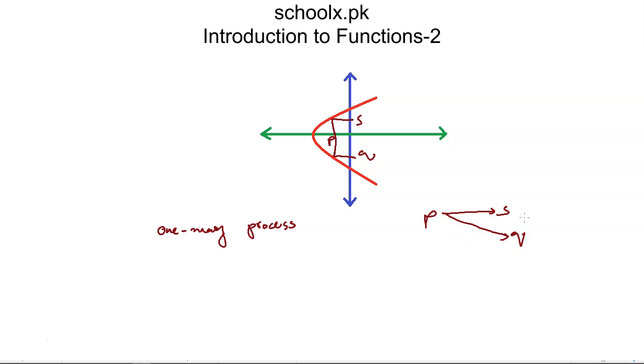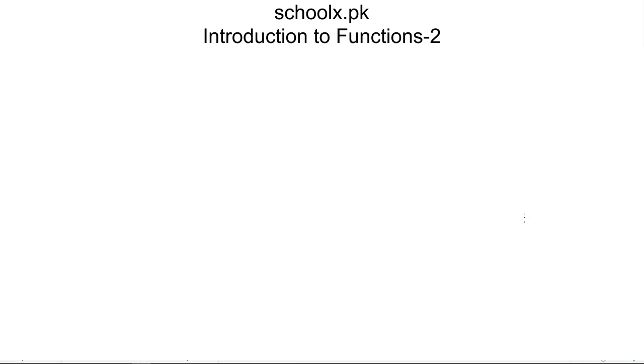Okay. Now what if I have two functions? Let's name one function g of x. g of x equals x plus 5, and let's name the other function p of x. p of x equals x squared plus 5.